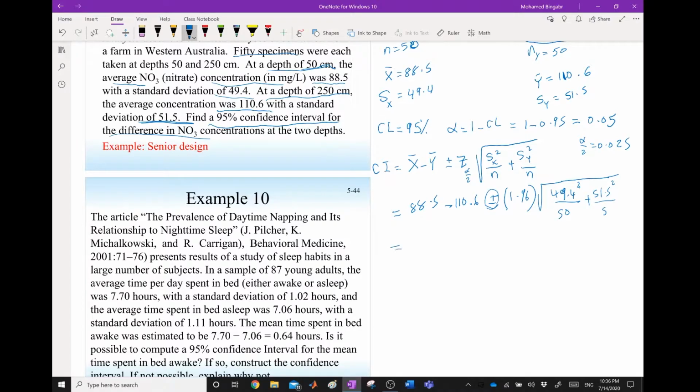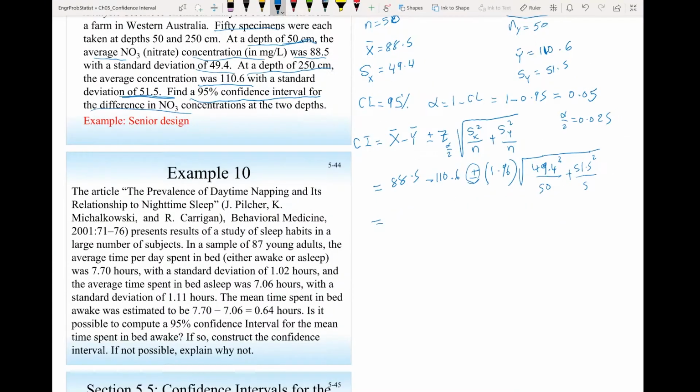And if you calculate these, you will get minus 22.1 plus minus 19.78. That's the difference between nitrate in a soil 50 centimeter in depth versus a soil 250 centimeter in depth.